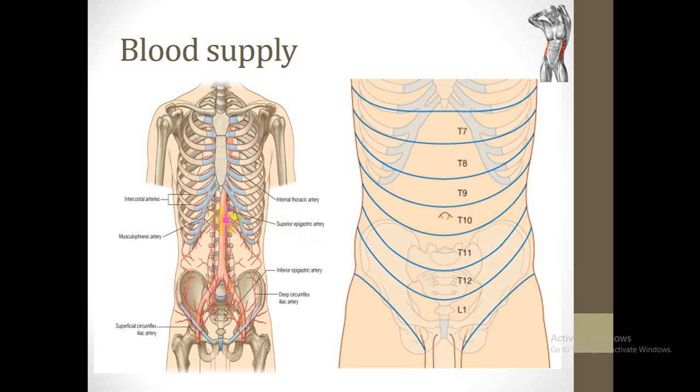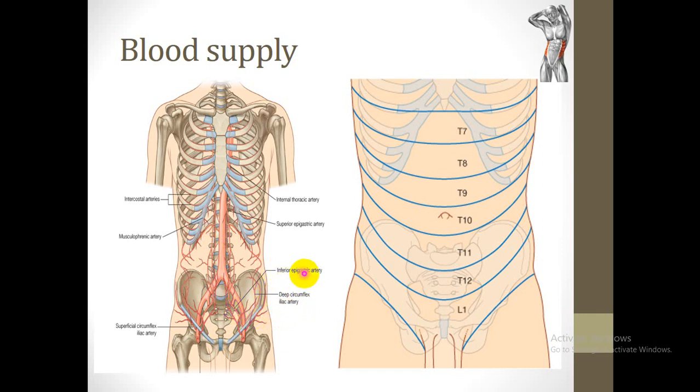artery, which is a terminal branch of the internal thoracic artery at the midline, and from the lateral side by the intercostal arteries of T10, T11 and the subcostal artery or T12 intercostal arteries. In addition, from the lower part at the deeper surface, there is the inferior epigastric artery and the deep circumflex iliac artery, which are branches from the external iliac artery.